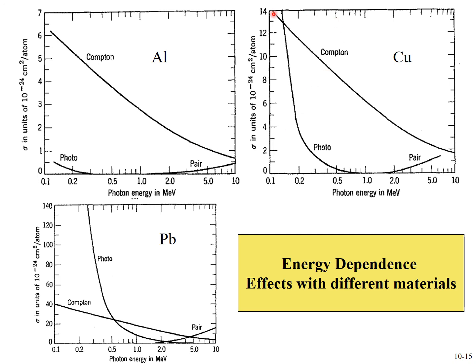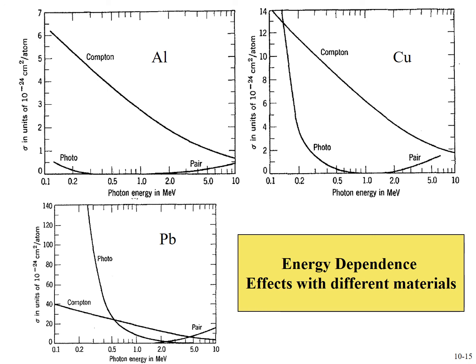For copper, the photoelectric effect is higher at the lower energies. And then for lead, the photoelectric effect dominates at the lower photon energies. Compton effect is dominant in the middle energies, and pair production is important at high energies.